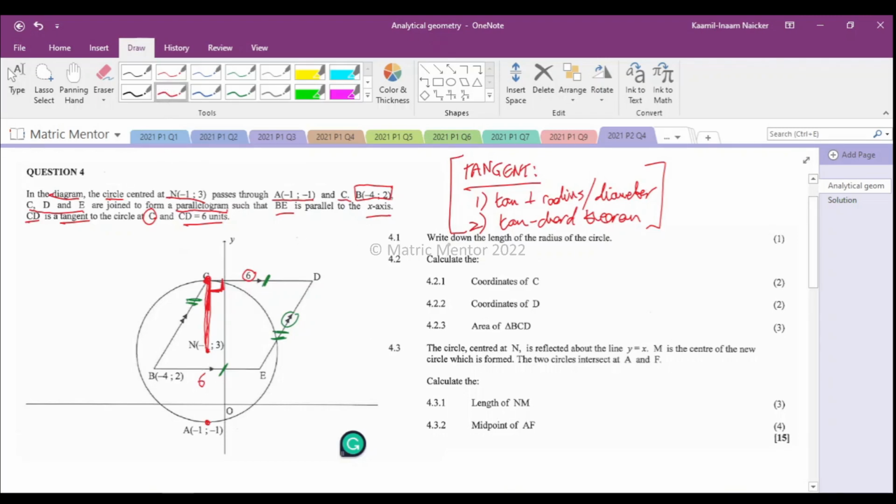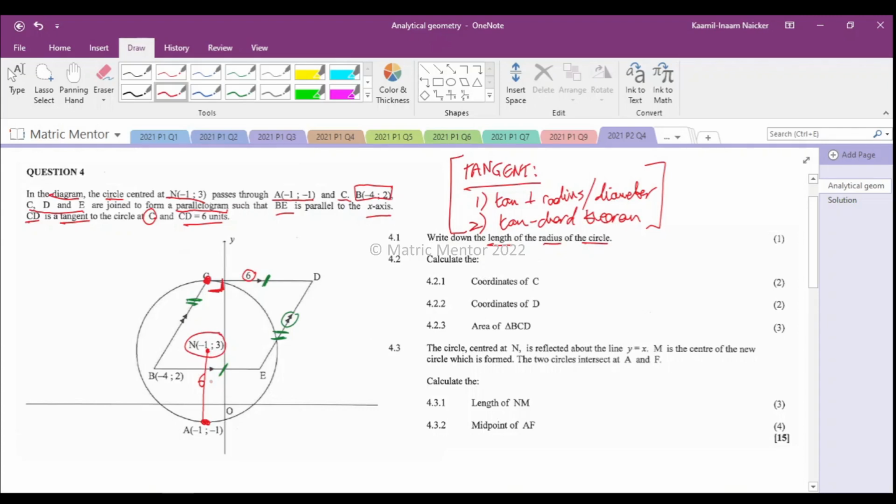So let's begin, right? They say to me, 4.1, write down the length of the radius of the circle. So if you look here, I've got a point at the center, that's N, and I'm just going to erase this because it's getting too busy here, okay? So I've got the point N, and it's going to a point on the circumference A, okay?